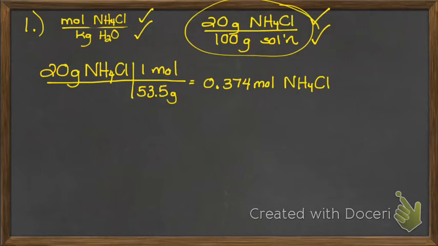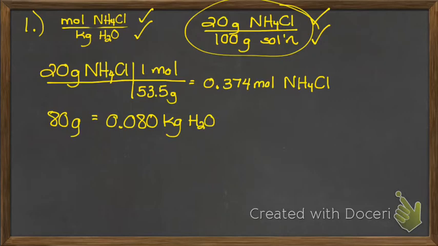Well, how many kilograms is that? So 80 grams equals 0.08 kilograms of water. And now I'm ready to solve the problem.